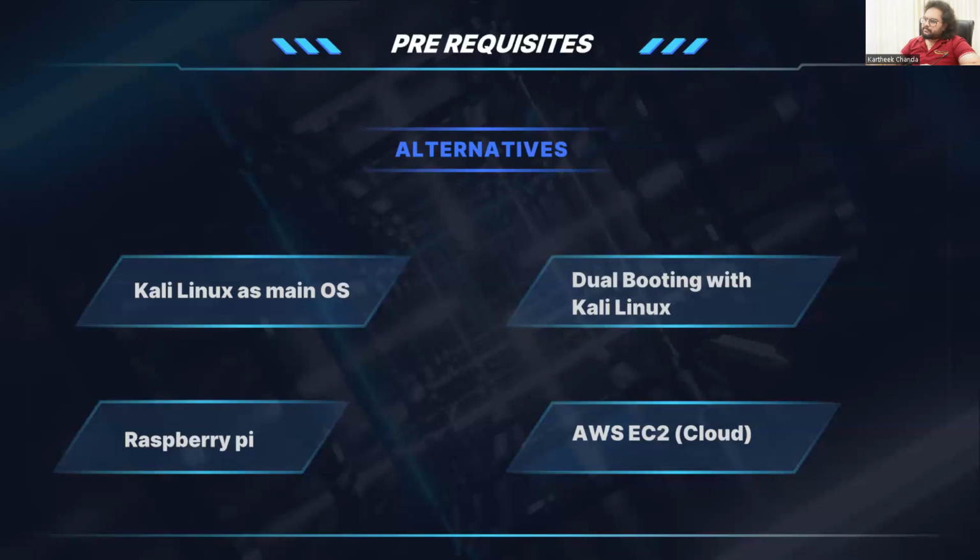For 1 year it is free tier, but for registration purposes they now charge $1, which is around 80-85 rupees. Either way, if you have a system, it's better to install it as the main OS, or dual boot, or use a Raspberry Pi. As a last resort, go for AWS if you don't have the minimum system requirements.